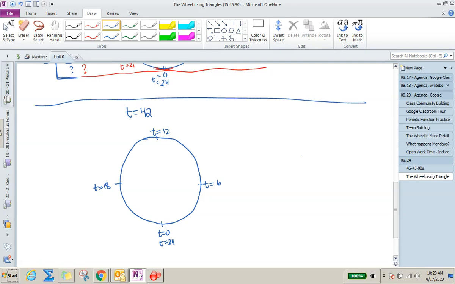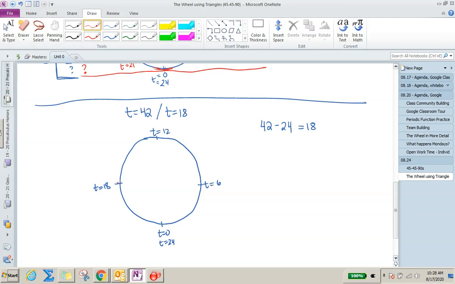Again, the question is, where would t equals 42 fall if we wanted to pick a time between 0 and 24 seconds? Well, we know that every 24 seconds it makes a full rotation. So if we take 42 and subtract 24, it should go back to the same place that it is at 42. That's 18 seconds. So at 42 seconds, it's the same height as it would be at 18 seconds.